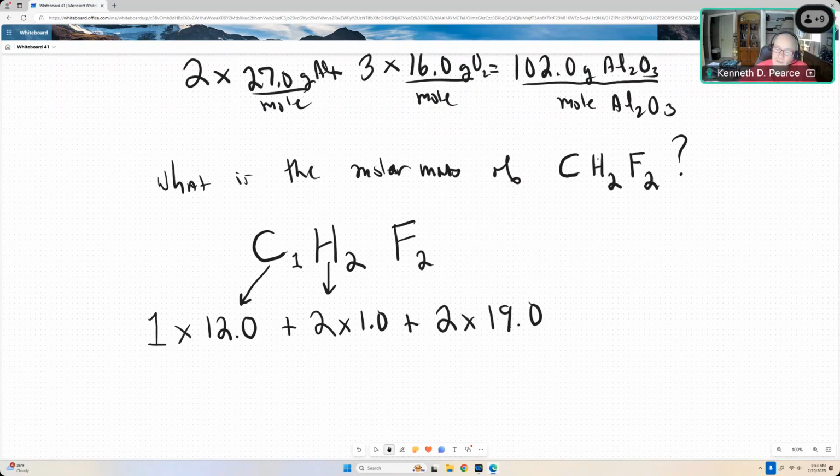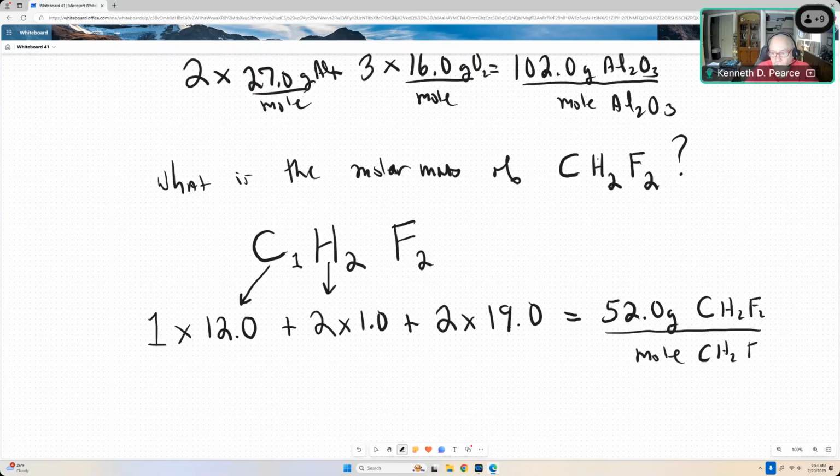We round that to 19.0. And then we add them all up, and I get 52. What'd you get? 52 grams. Exactly, 52.0 grams CH2F2 for every mole CH2F2.